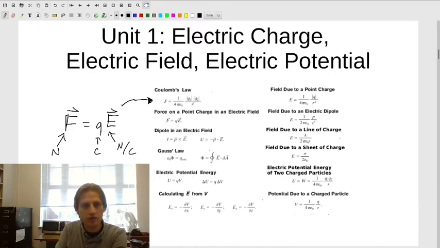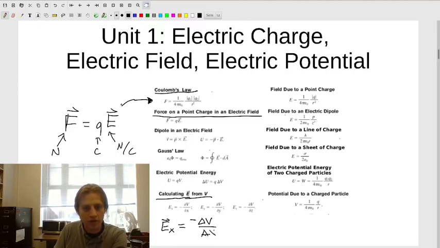And finally, you should be comfortable with the idea that you can get the electric field from Coulomb's law, be comfortable with that. Force on a point charge, be comfortable with that. And then especially calculating E from V, being able to get the electric field in a particular direction is how much did the potential change over how much did the position change, with a minus sign.